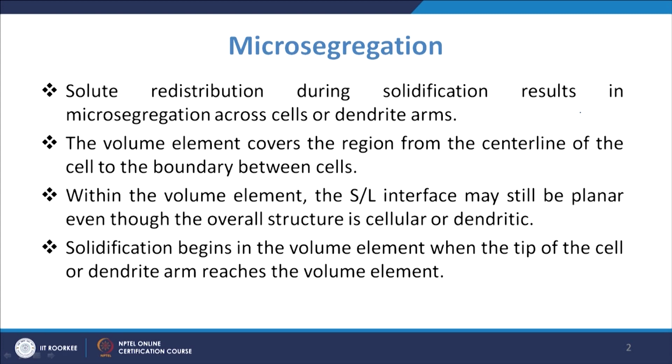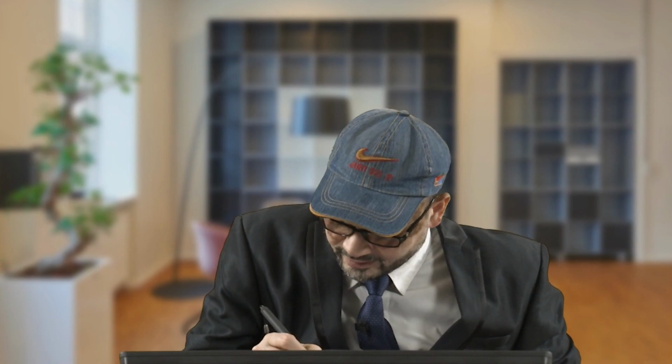If you look at how it appears, you have a dendritic or cellular type of solidification. Say you have a cellular type of structure, or you may have the dendritic arms.